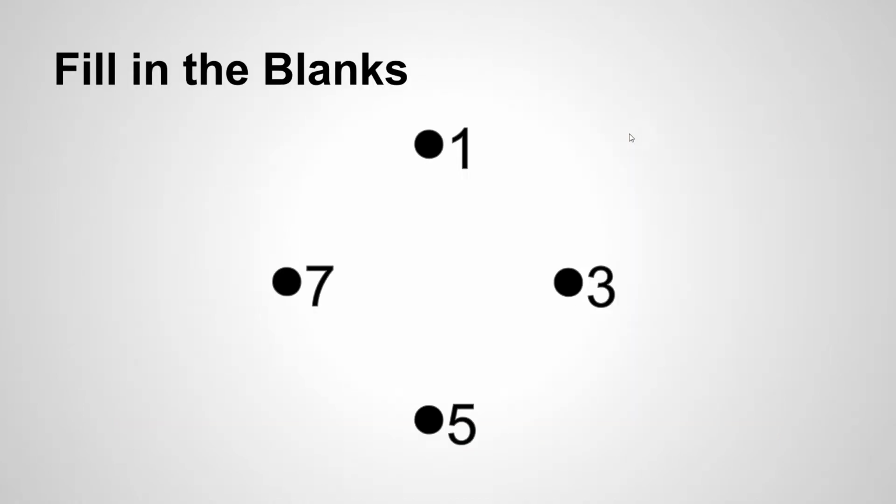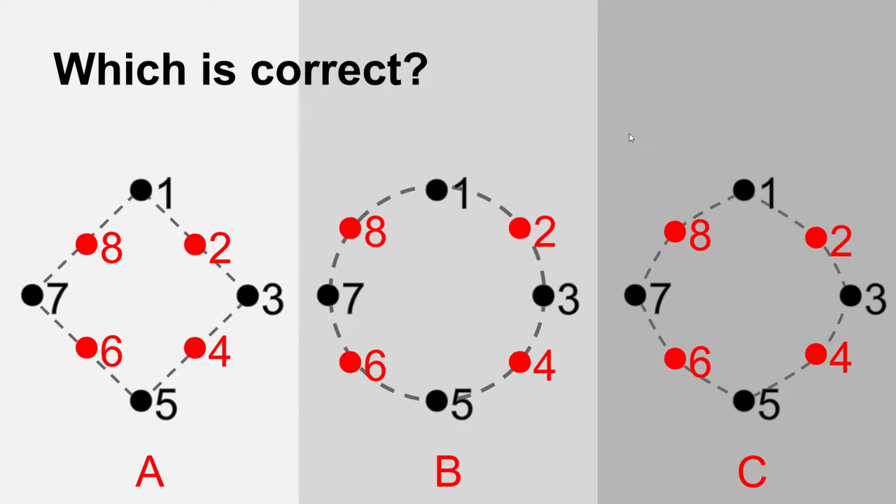So we can think about it like a fill-in-the-blanks kind of thing, where between frames 1, 3, 5, and 7 we want frames 2, 4, 6, and 8. And while something like A or B seems the most logical, C is the one that we actually tend to do.